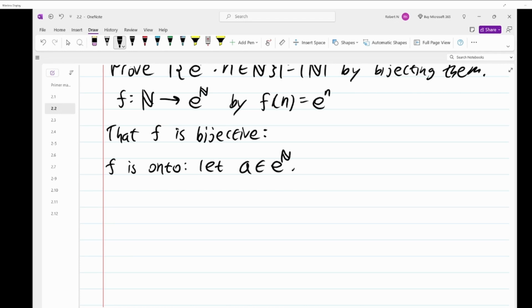We want to find something in the input space that maps to it. What do we know about every element of e to the blackboard n? Every element is a power of e. Okay. There is some natural number n such that a equals e to the n. Do you agree? I believe that is the only thing we know about it.